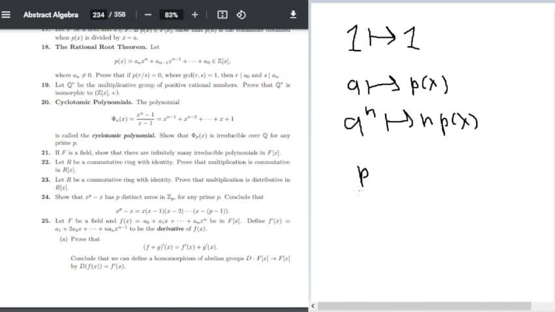So we have two rules for the isomorphism. First, p over 1 to the n is equal to n times x to the p. No, that can't hold. But alright, 1 is okay. 1 is mapped to 0 in this case.